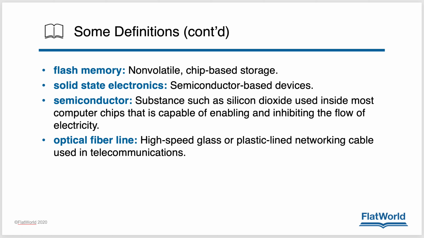Those chips are probably, I don't know, a third of the cost of the computer. But the materials that go into it are semiconductor materials, such as silicon dioxide. There's probably pennies worth of plastic, copper, and silicon dioxide inside of it.